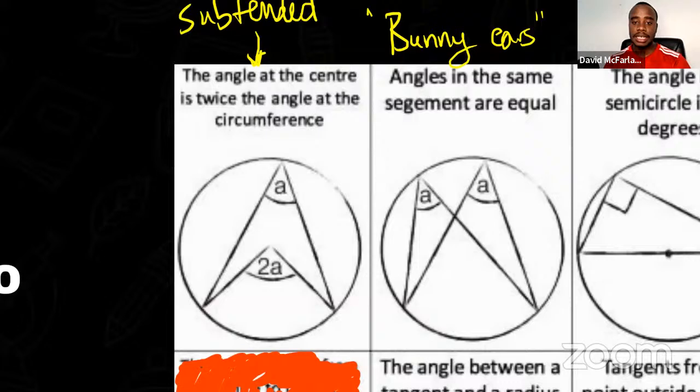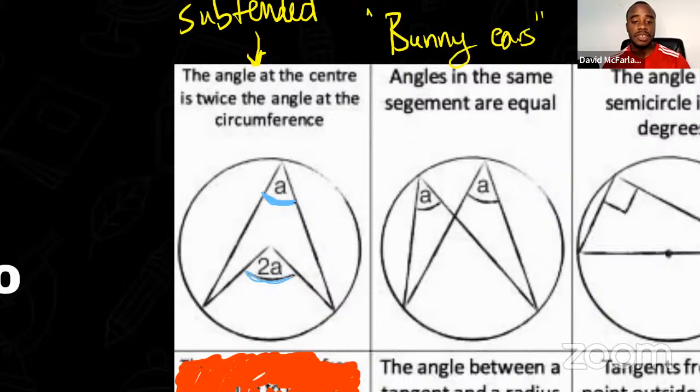So the angle at the center is twice the angle at the circumference. When I say subtended, it means the angle going in the same direction as that one, as the angle at the circumference. So what it's saying is that it's twice that. So if this is A, then this would be 2A.